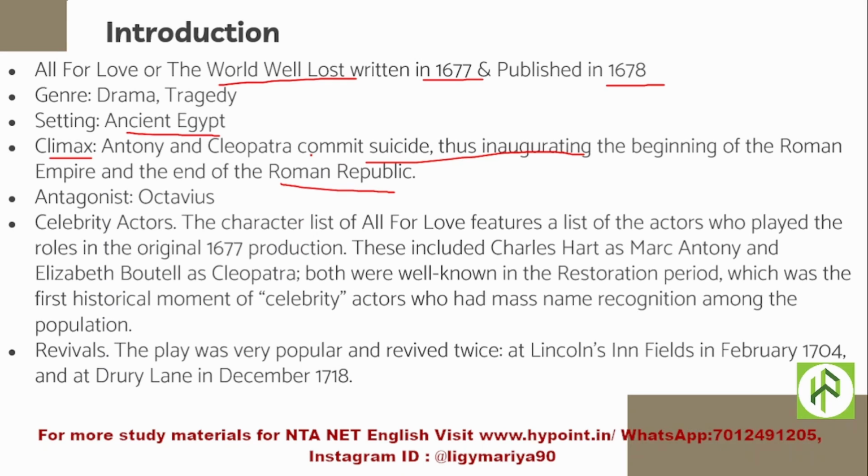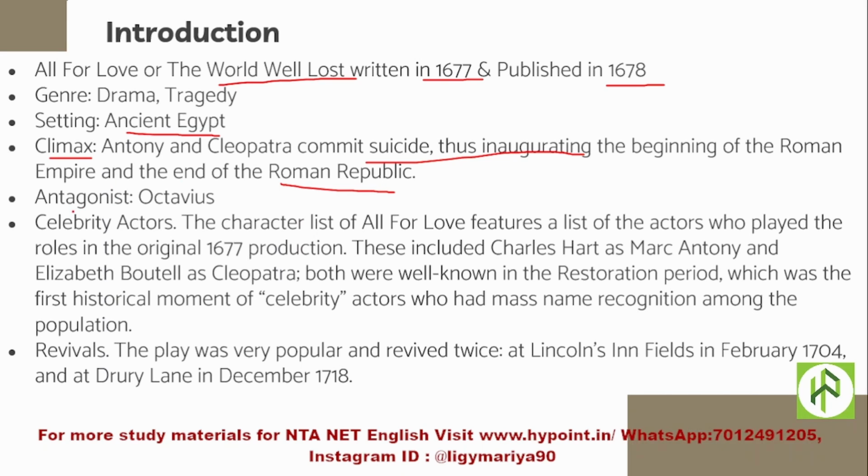She never expected that Antony would commit suicide. So when Cleopatra and her chambermaids together committed suicide, the end of this loving couple's life actually inaugurated the beginning of the Roman Empire and the end of the Roman Republic. Before that, the Roman Republic was there, not the Roman Empire, but the Roman Empire began with that.